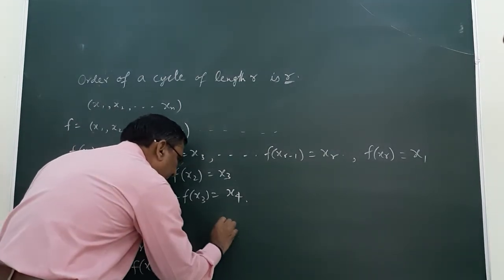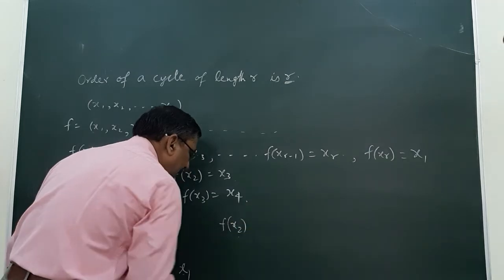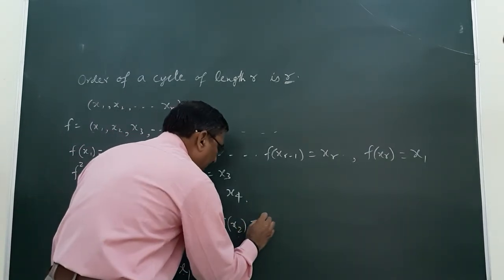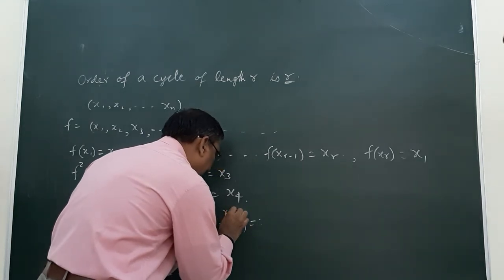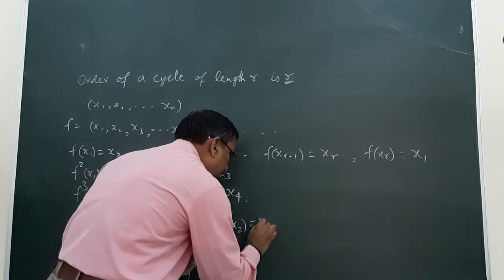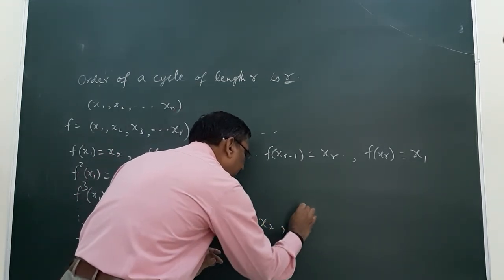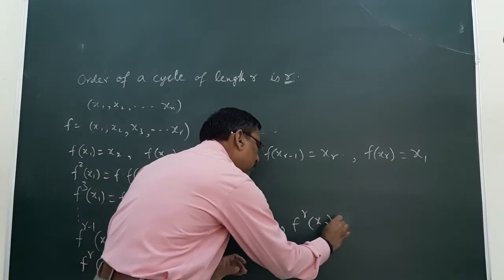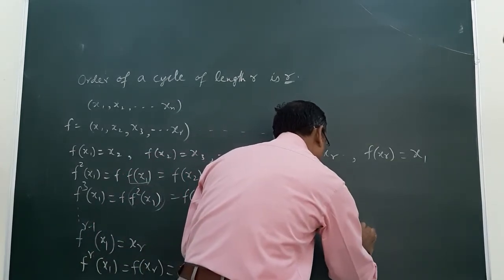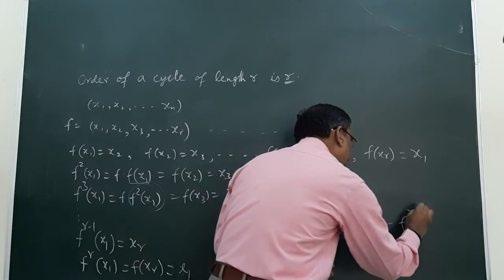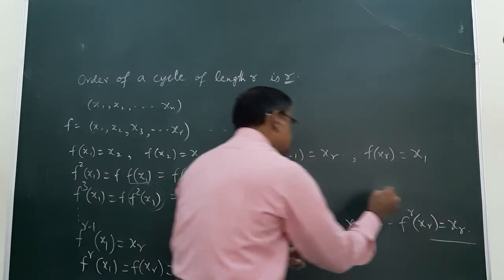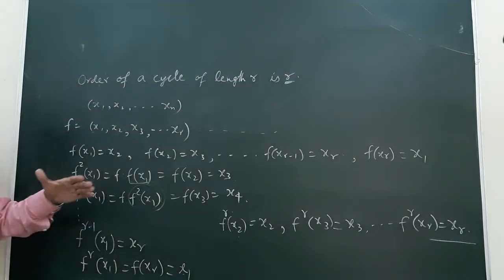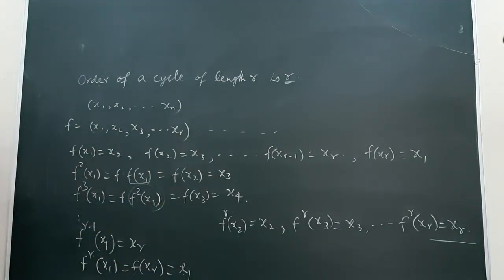In a similar fashion, we can find for x2 that F^r of x2 will be x2, and F^r of x3 is equal to x3 and so on. F^r of xr is equal to xr. Thus, all remaining elements have their own images.